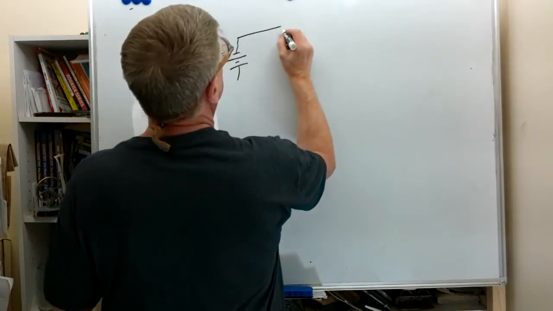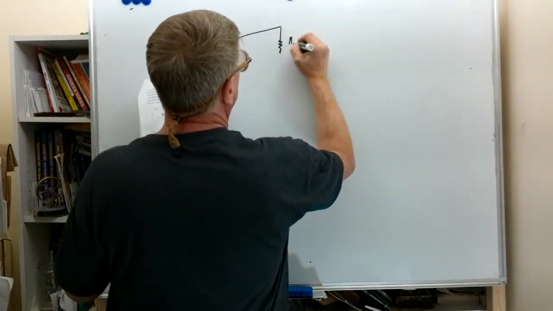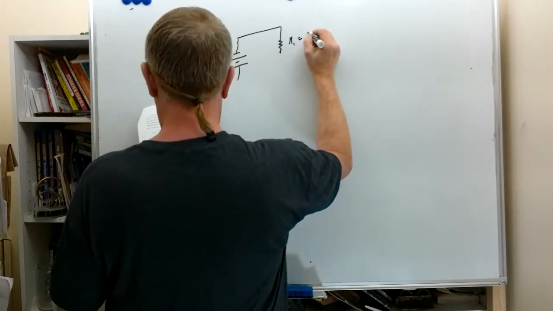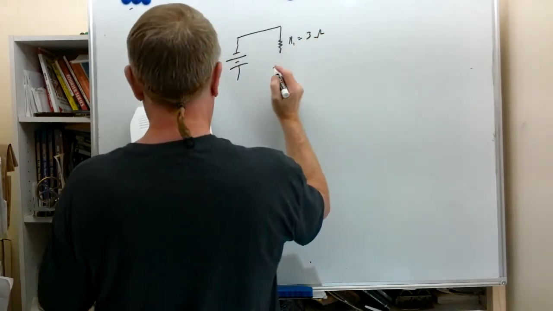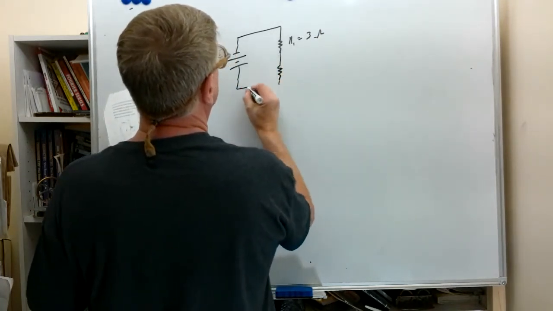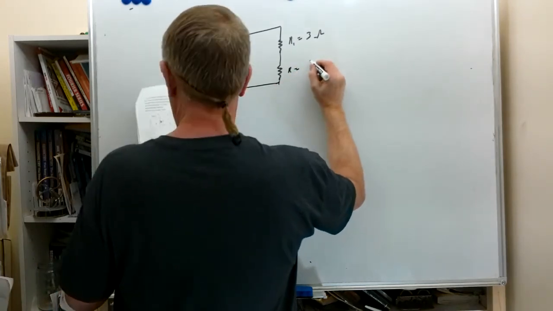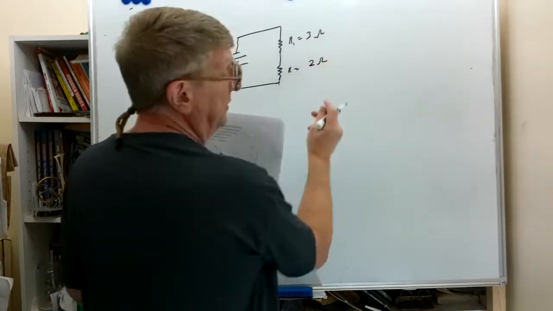And we have a resistor here. We'll call this R1 equal to 3 ohms. And we have another resistor, R2 equal to 2 ohms.